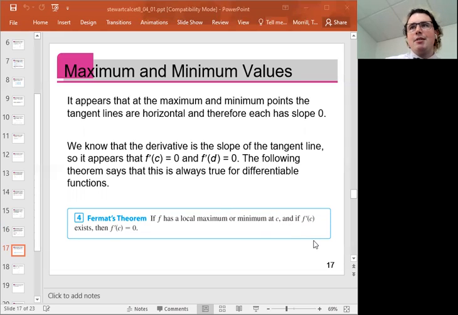So what this means is that derivatives can help us identify maximums and minimums, right? But we need to be careful about which way the implication goes. So every local max or local min has the derivative of the function there equals 0 if that derivative exists.